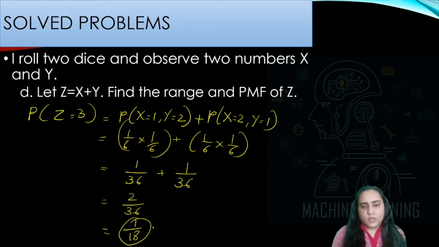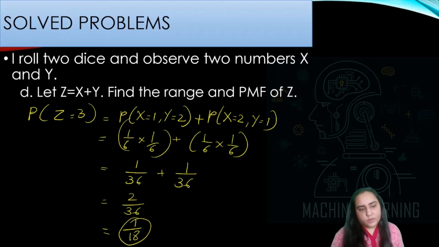So this is the probability for z equal to 3. And similarly, you need to calculate the probabilities for all the values from z equal to 2 to z equal to 12, and you need to find the final PMF.